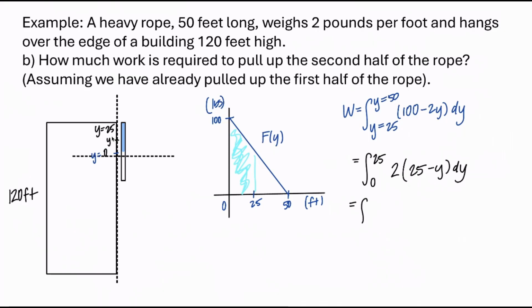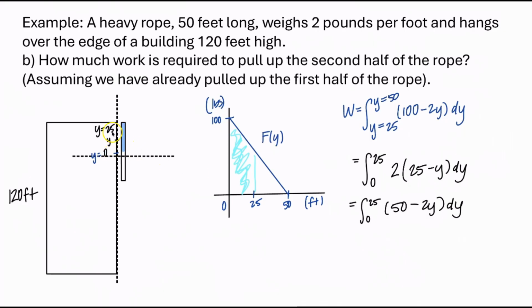So we're going to have the integral from 0 to 25 of 50 minus 2y dy. And so that should make sense. The total force is 50 pounds initially. The weight is 50 pounds, and then it's decreasing by 2 pounds per foot for each foot y. So this is our new force function.